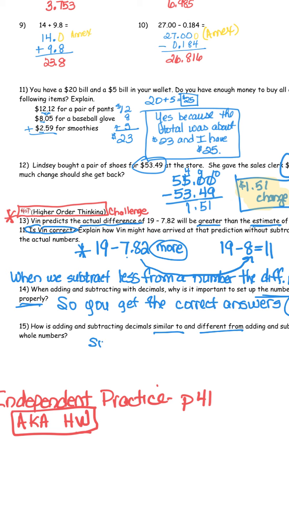They are similar because we add and subtract, okay, and they are different. Why are they different? What do we have to do with those decimal points? We have to line up the decimals. And that's it. Okay? All right.